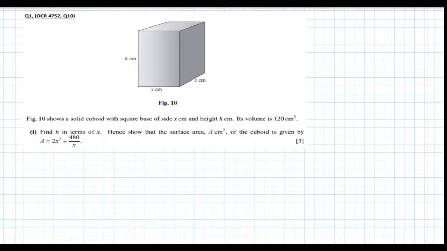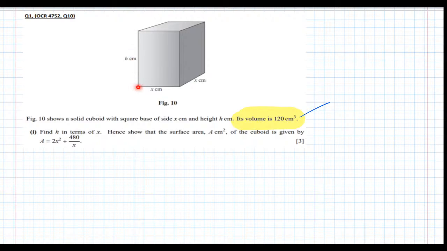So it says figure 10 shows a solid cuboid with square base of side x centimetres and height h centimetres. Its volume is 120 centimetres cubed. That's a key thing we're being given there. So what I would do before I even read on, I would try and get that information in mathematics on paper. So the volume is 120.